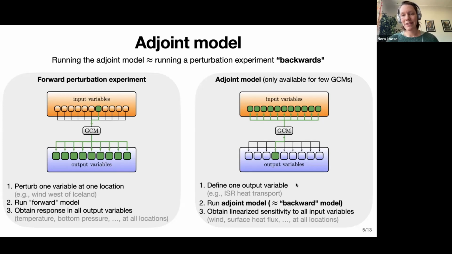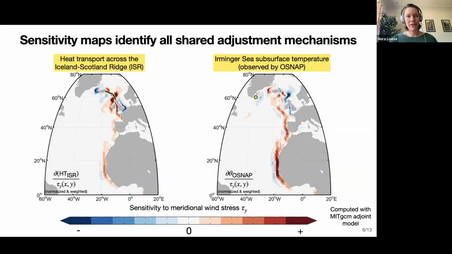So I've run the Adjoint model twice, once for Iceland-Scotland Ridge heat transport and once for subsurface temperature in the Irminger Sea. And these two figures show the result. They show the sensitivity of heat transport across the Iceland-Scotland Ridge and Irminger Sea subsurface temperature to meridional wind stress.